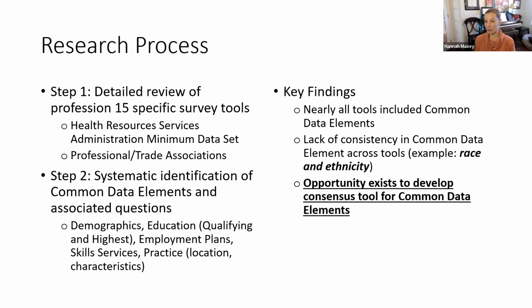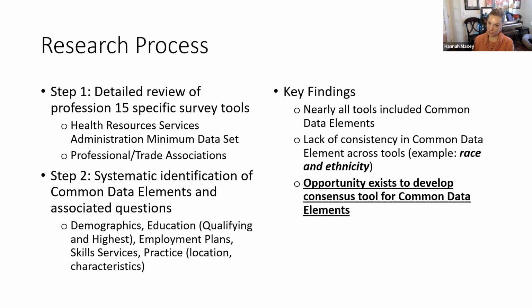The key findings from this process were that nearly all of the tools had included the core common data elements, but that there was a significant lack of consistency in the core common data elements, both the questions, the response options, and the structures across the tools.